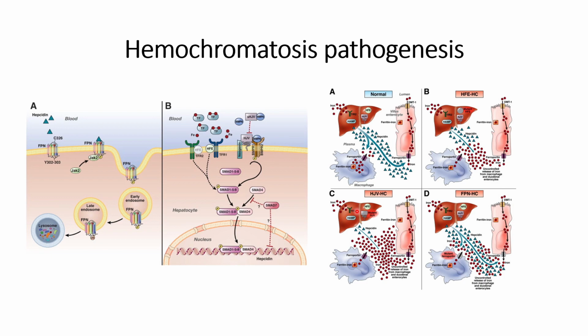And in case HJV is not functioning properly, or HJV is mutant, the hepcidin is reduced to a very severe extent, such that the overloading of iron within the extracellular matrix reaches a very high level, even higher than in the HFE mutant condition.